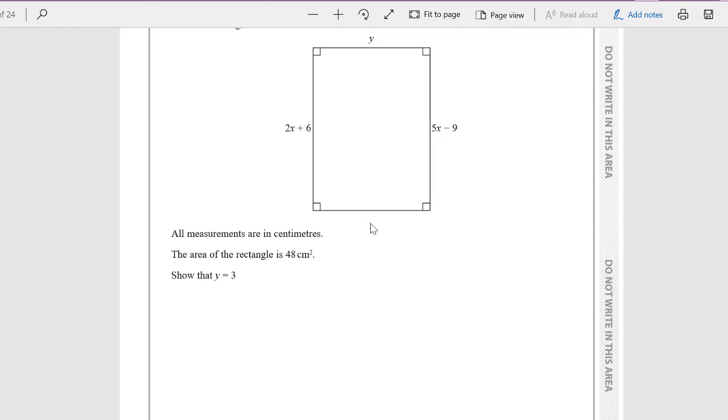Alright, so that's not an issue. So the first things first is, well, we know if this is y, then this is going to be y as well. And we know that the area of a rectangle is going to be length times width.